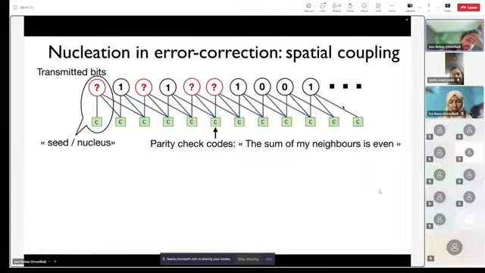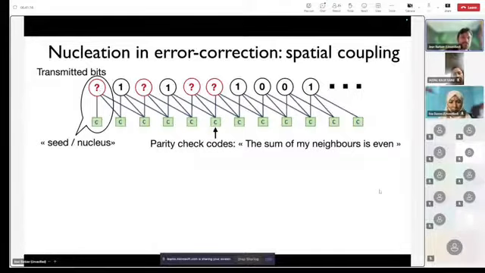So now imagine that you have constructed your code in a kind of chain like this. You put the bits in line and you connect them with parity checks in this kind of structured manner. You see that the first bit is always connected to an individual check.